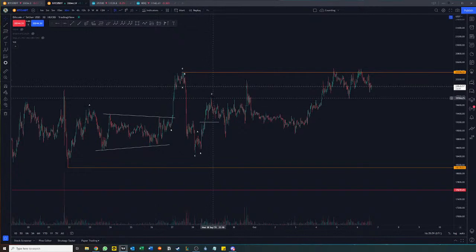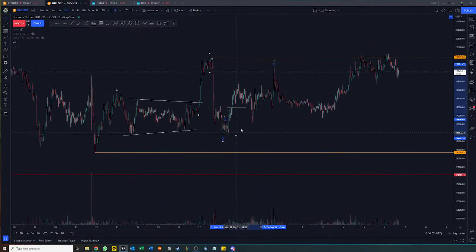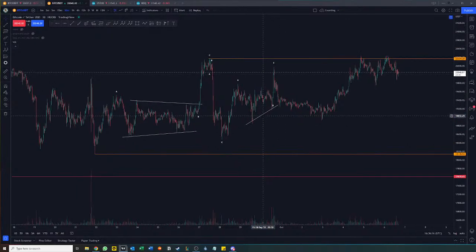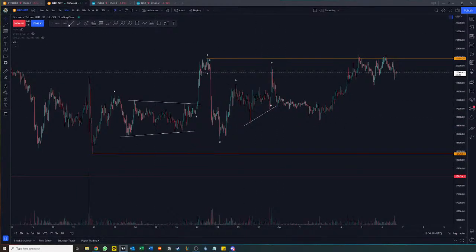Then it went down ABC, of course, went up ABC with the ABC in a straightforward way. So it's probably the B came out to be a triangle. You have to go to a smaller time frame to actually look into what kind of wave it looked like. It gave a very short E wave.